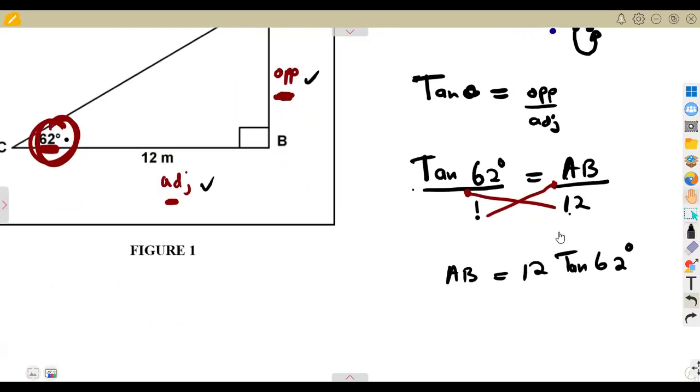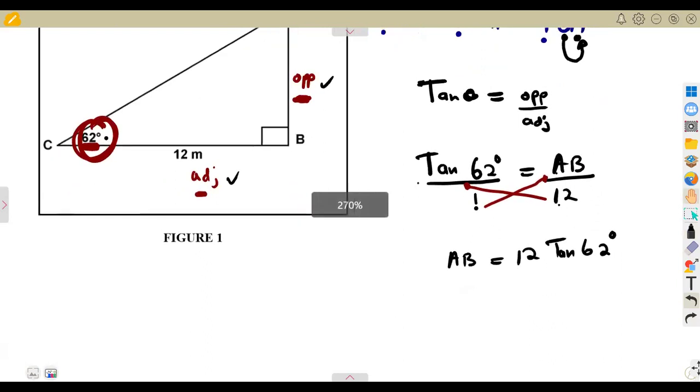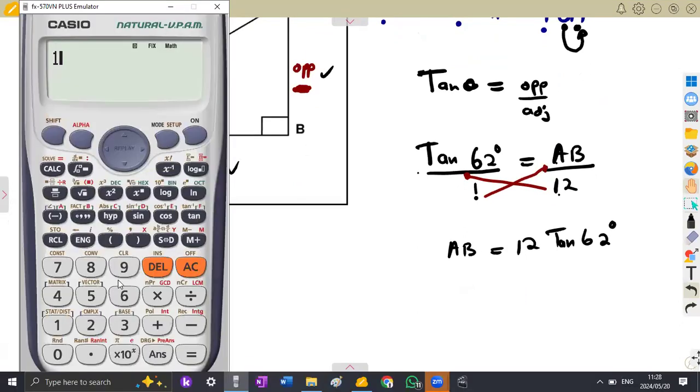So this is you and your calculator. Simplify this. As I said, you can even fix your calculator to 3 decimal places, depending on the instruction that you're given on the question paper. But that is a direct simplification on your calculator, just 12, then tan 62 degrees like this.